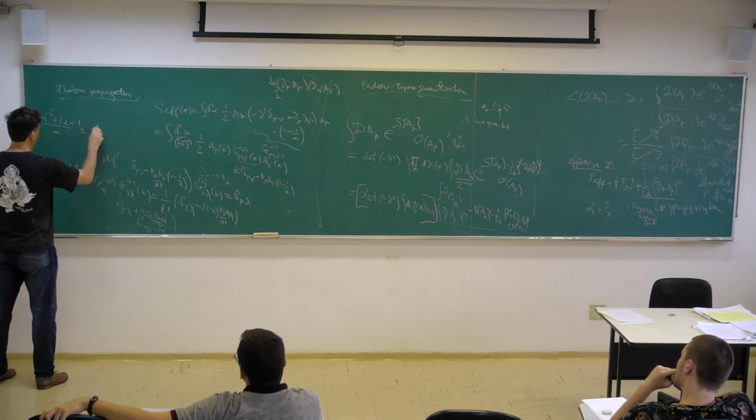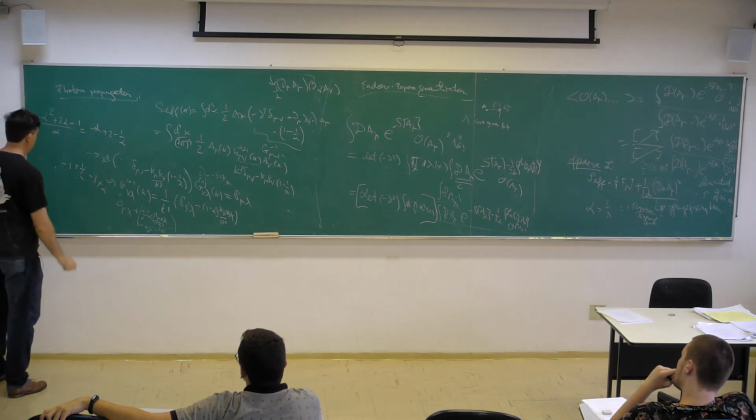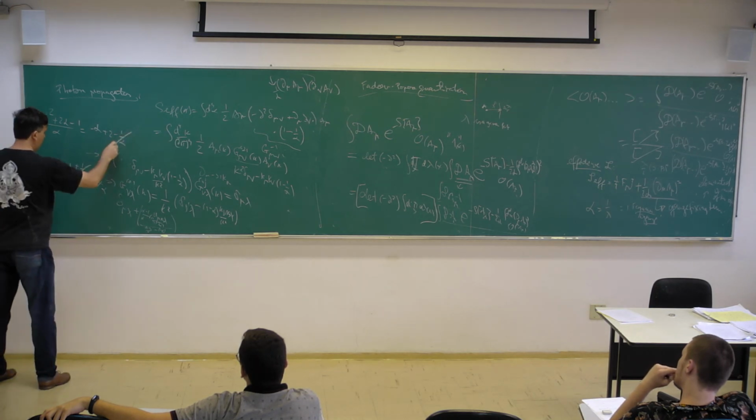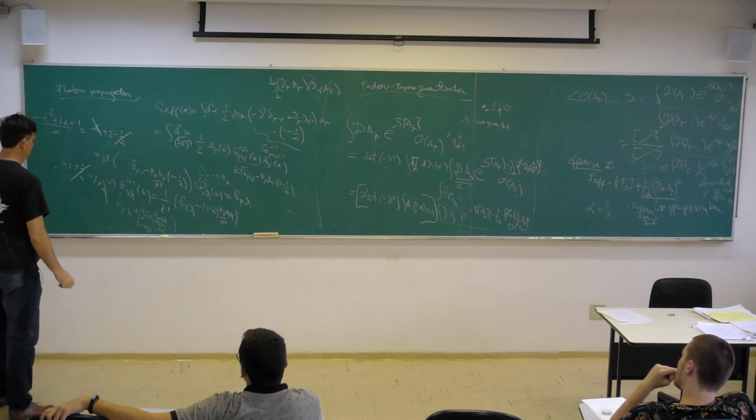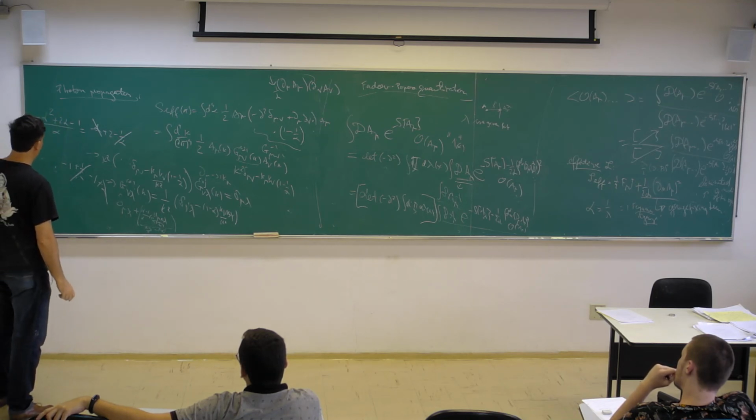That's minus alpha plus 2 minus 1 over alpha. Okay, then minus 1 plus 1 over alpha. And then this. Yeah, and now that just gives 0, no?